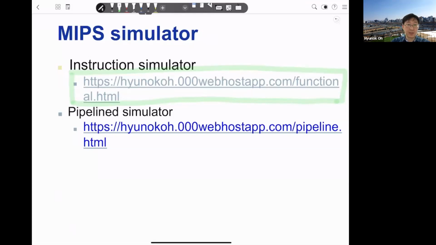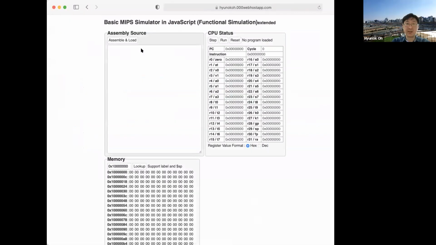I am giving the website in the chat window. So if you can see the chat, you can see it. Then you can see this kind of window, right? Can everybody look at it?